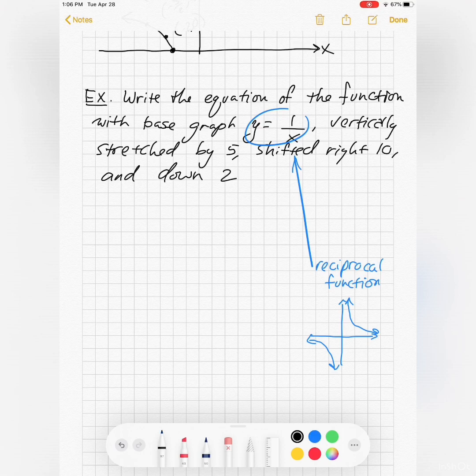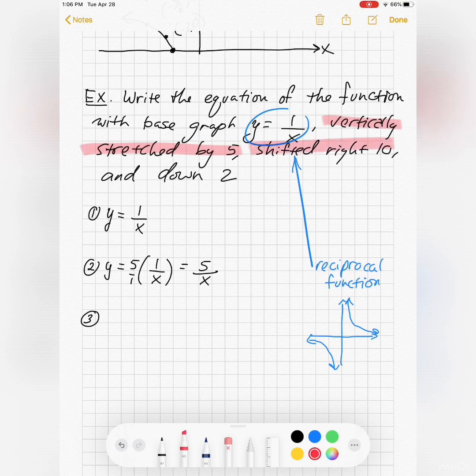So let's see. I guess step 1, I would start with the base graph, 1/x. Then I would, okay, do my vertical stretch by 5. So what does that mean? That means I take the whole function and multiply it by 5, right? So I multiply straight across, 5/x. Okay, what's next? Shift right 10.